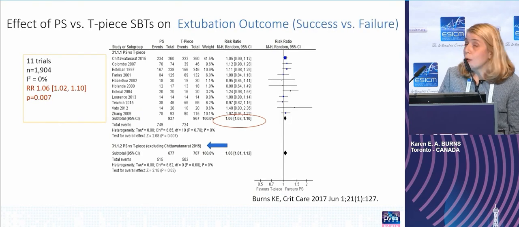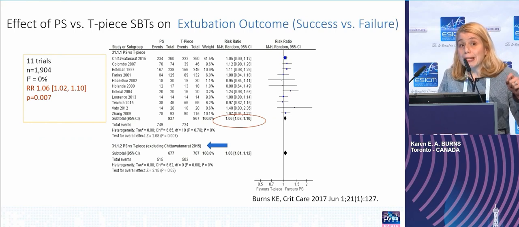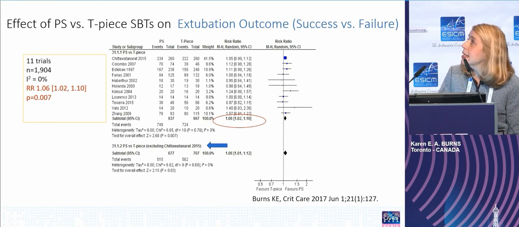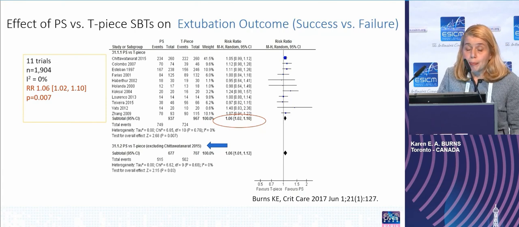However, when we looked at whether patients were successfully extubated, and remain successfully extubated using the authors' definitions, that could be 48 hours, 72 hours, 7 days, we found that pressure support SBTs significantly increased the likelihood that a patient would remain successfully extubated. And actually, patients were about 6% more likely to be successfully extubated with a pressure support SBT.